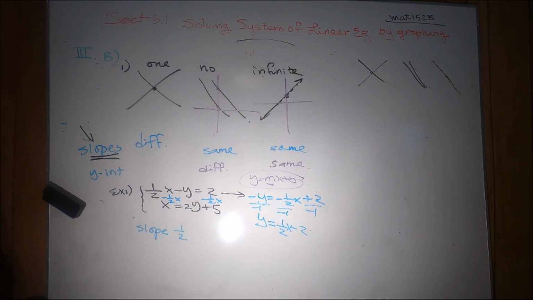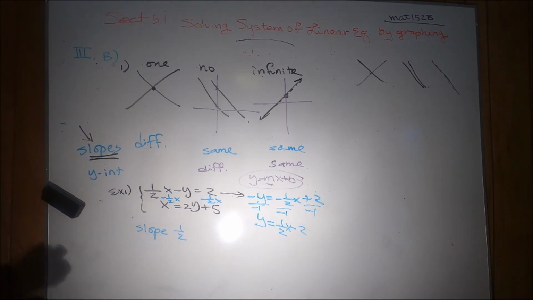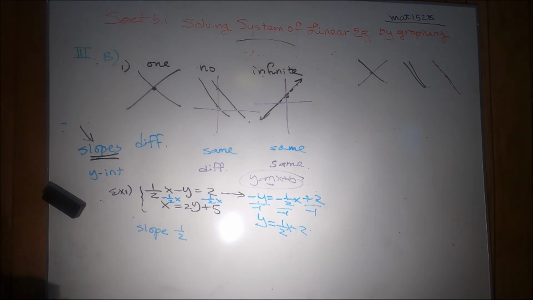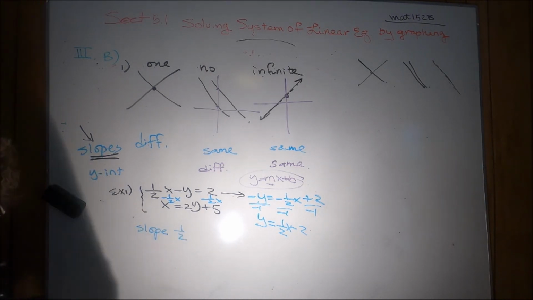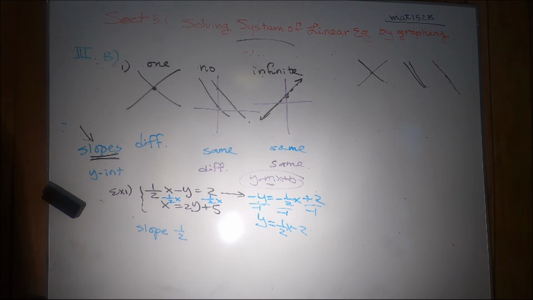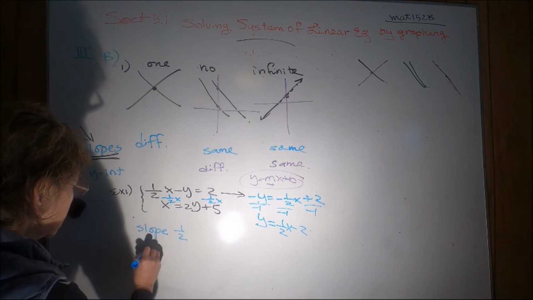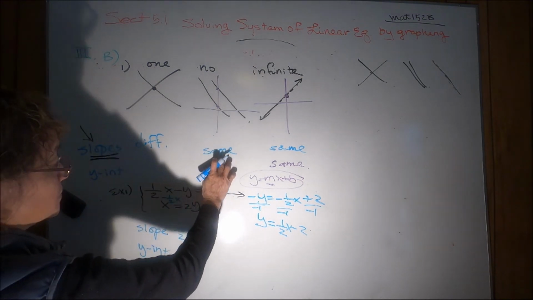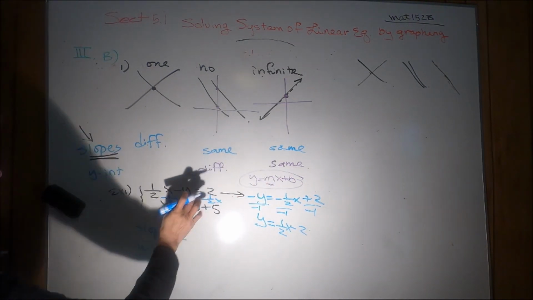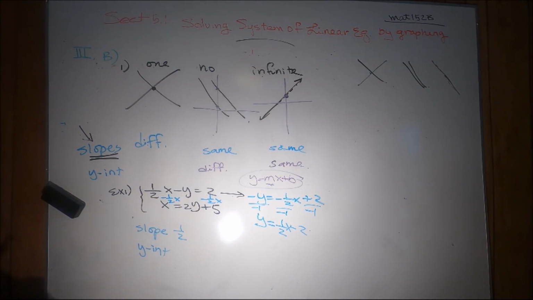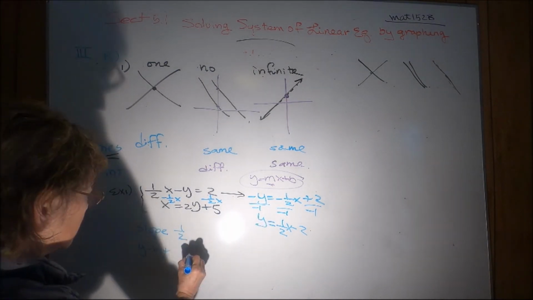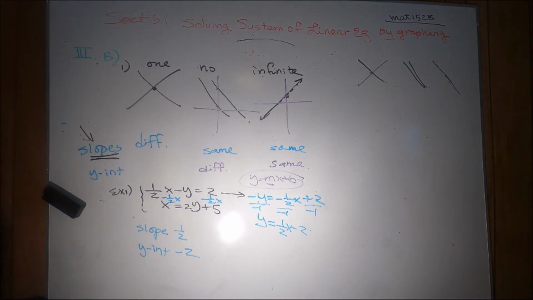Right? Then for the second one, what is the slope, and what is its y-intercept? Because we decided by slope, also decided by y-intercept. Y-intercept is what? Negative 2. Is that right? Okay.